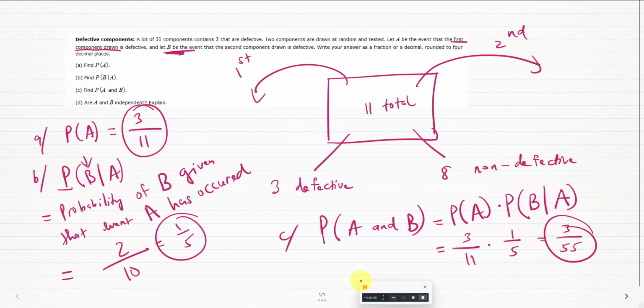And then they ask you the last part here: are A and B independent? The answer is no, they are not independent.